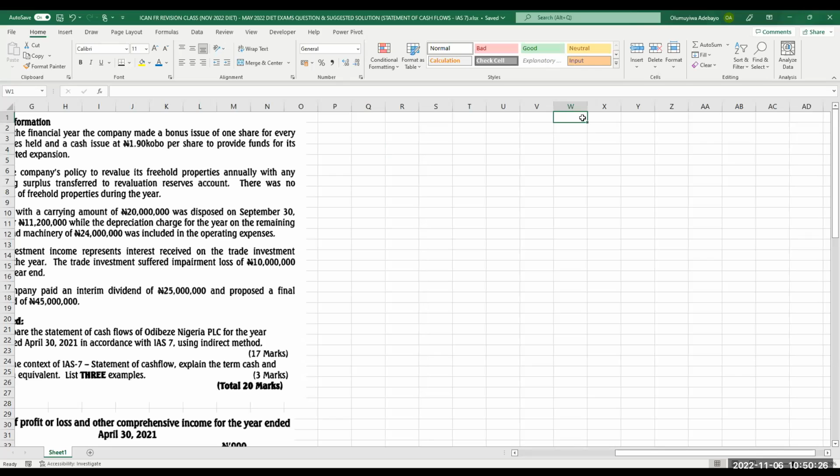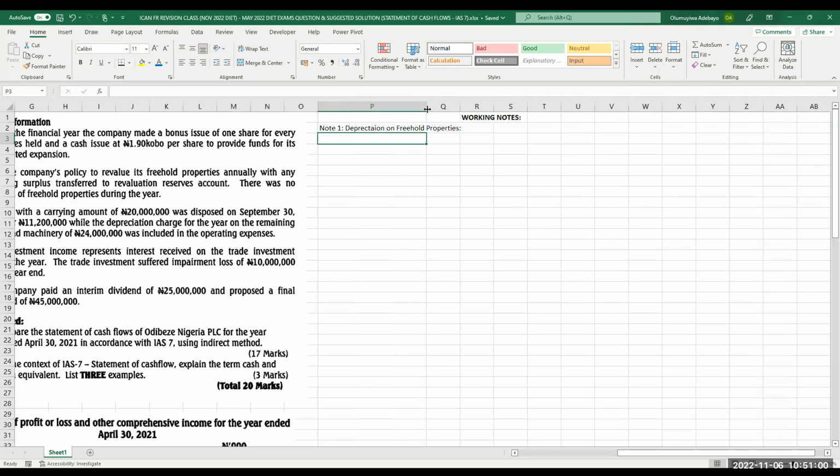Therefore, I can come there and say working notes. And the first working note is depreciation on freehold properties. Now let's start with the information we have.